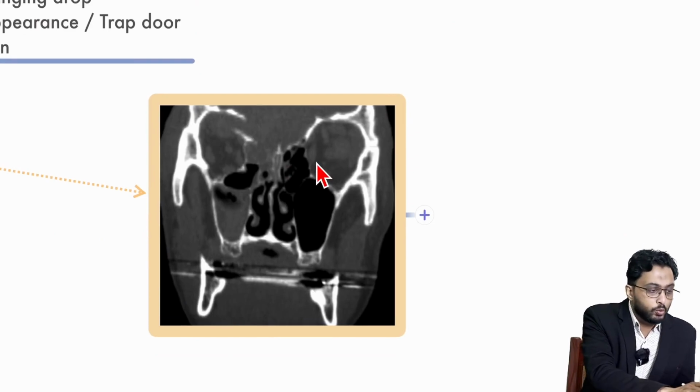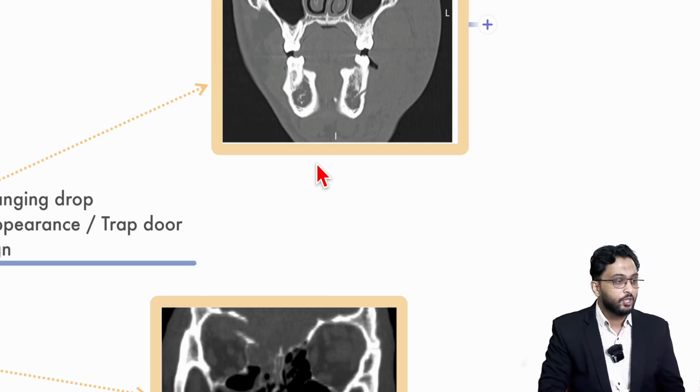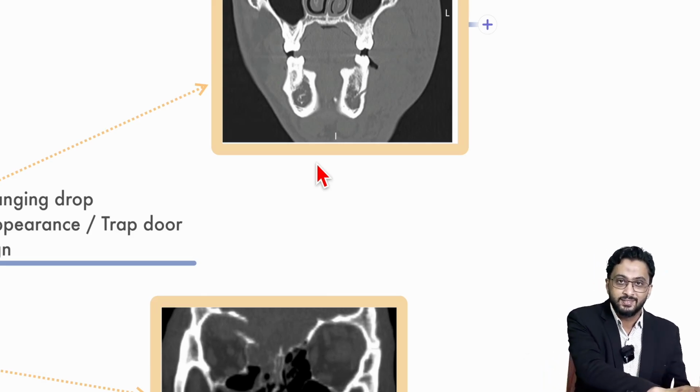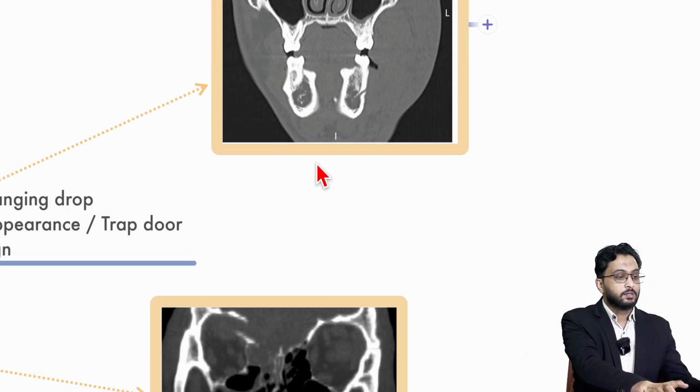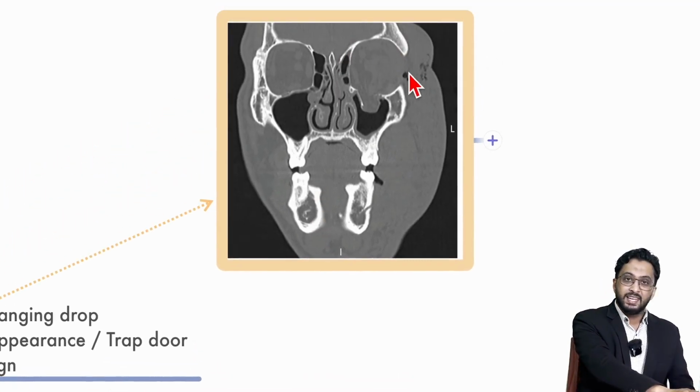Now before going on to anything else, how do you differentiate radiographically your blow-in and blowout fracture? That's very important for you to know. If it's a blowout fracture, please note, your orbital volume increases, isn't it? So you can see that it's bigger.